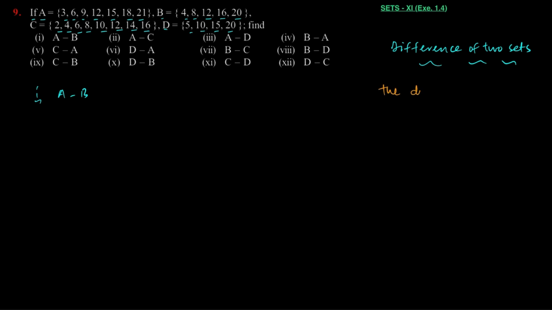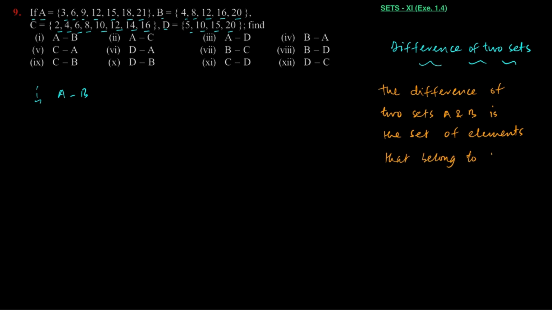The difference of two sets A and B is the set of elements that belong to set A but do not belong to set B. So this is the definition.